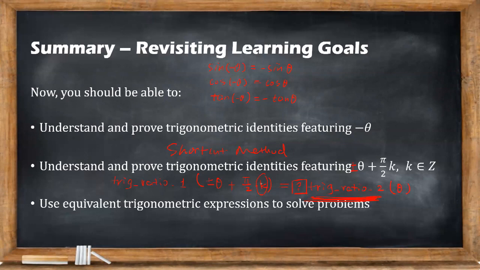If k is an odd number, this new ratio is a cofunction of trigonometric ratio 1, right? And if k is an even number, the new ratio is the same as the original one, right?